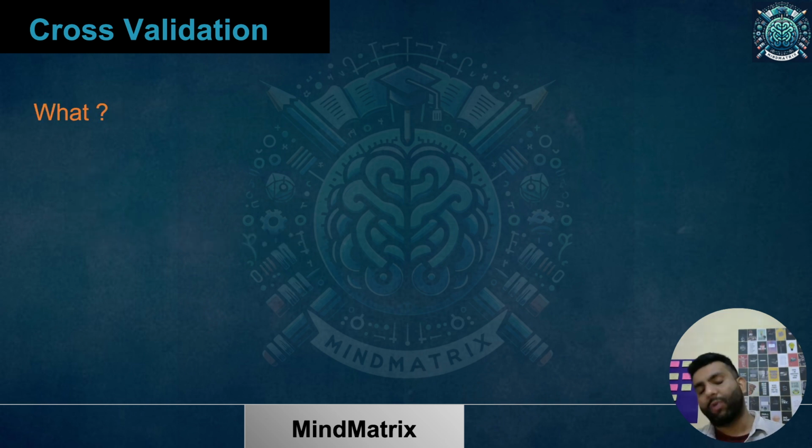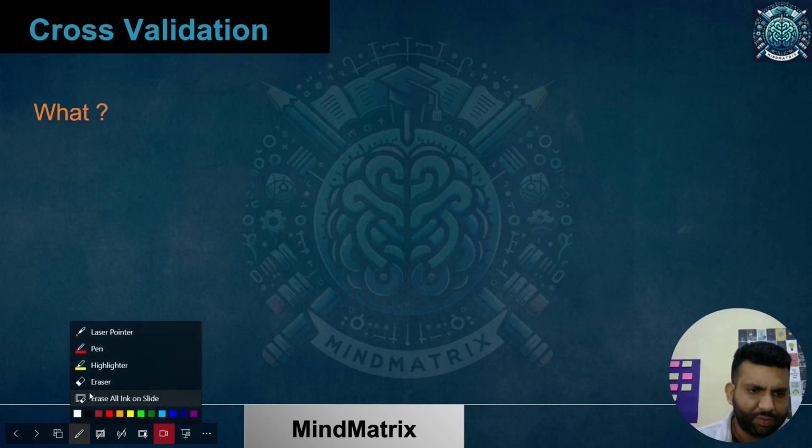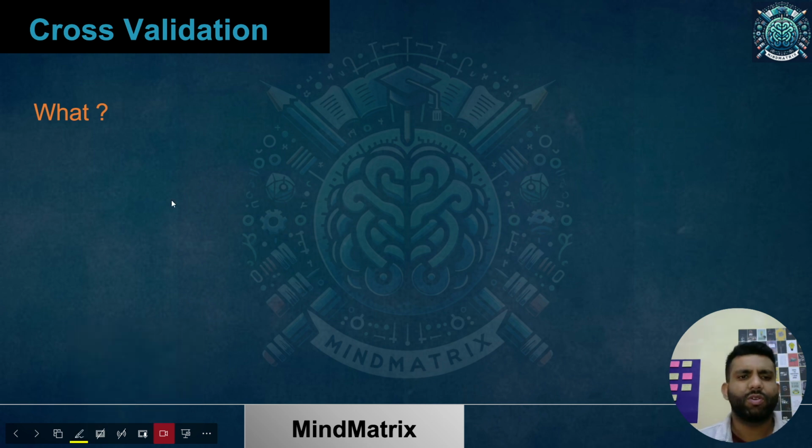So let's start with the why first of all. Let me just take some examples to explain why we need cross validation. Let's suppose, just assume, there is a small child, and then there are a few pictures.